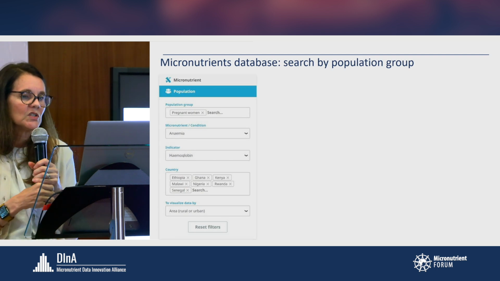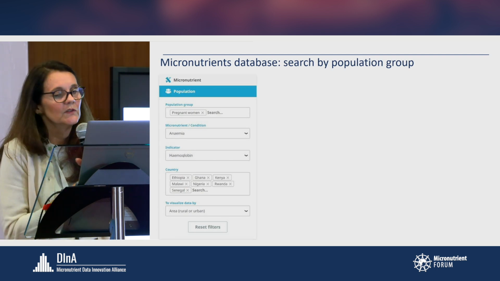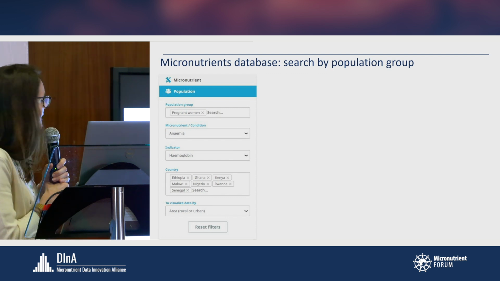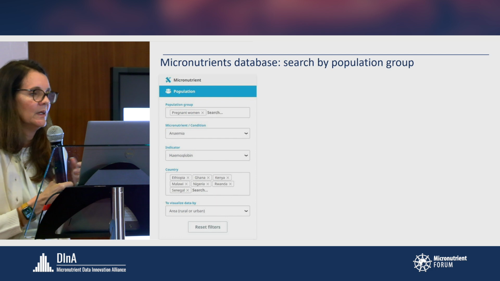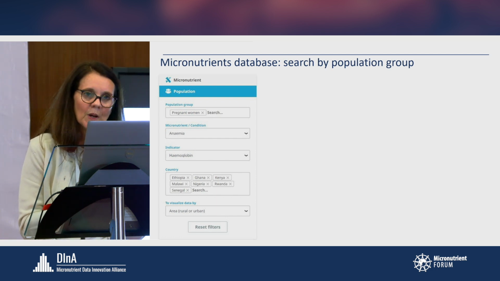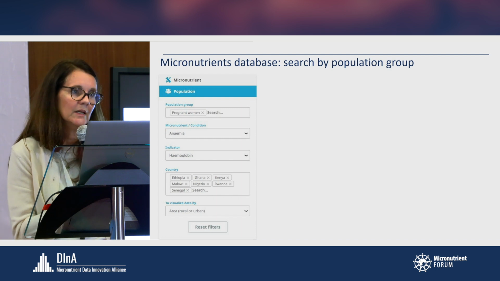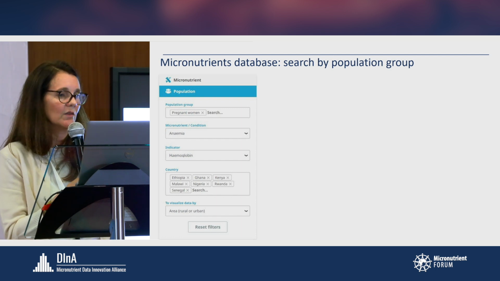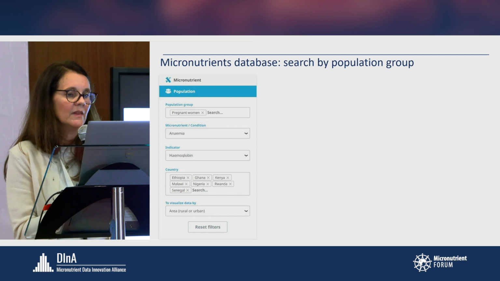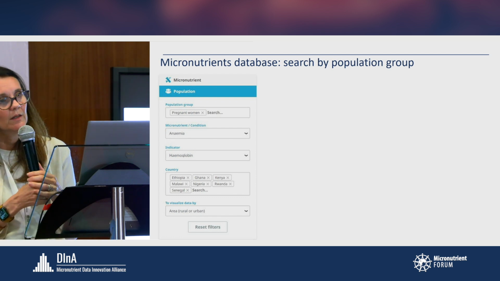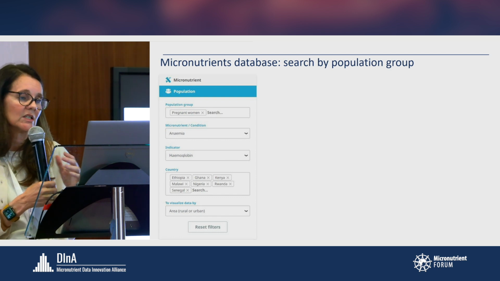So here, I just want to give you an example of what would happen if you searched by population group and present some of the different filters that are available. Not only can you select your population group of interest, but you can select the anemia or condition or any other micronutrient that you'd be interested in, the indicator, the countries or the regions, and if you'd like data presented by urban or rural area or by different sex.